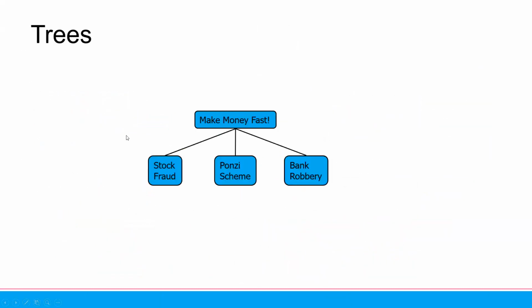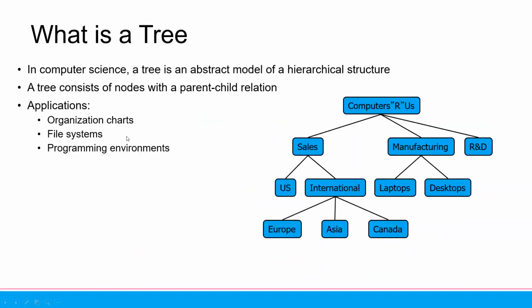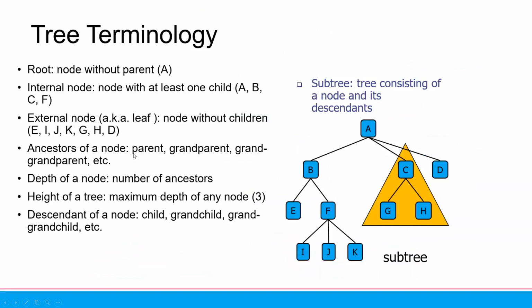If you still remember the definition, an internal node is a node with at least one child, and an external node, also known as a leaf, is a node without children.